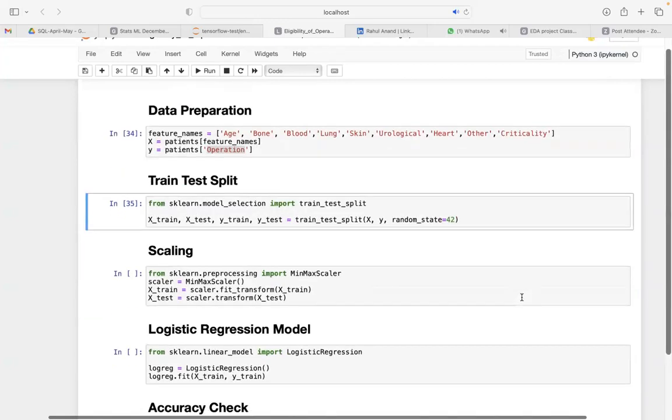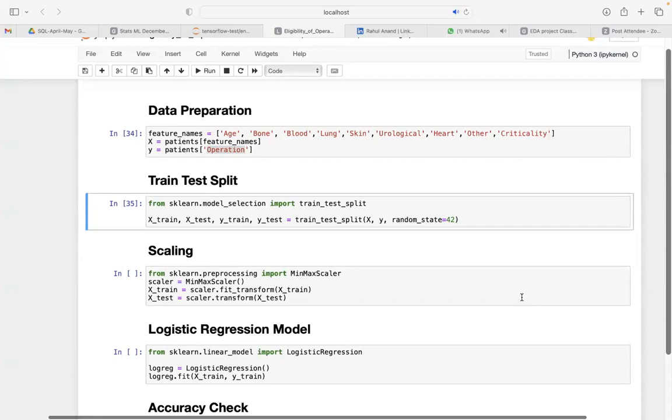I'm not giving it a number, whatever train test split gives me. You might know whether it's 70-30, 75-25, 80-20. Can anyone tell me what the train test split gives? 70-30, or depending on the scenario, 60-40 is also used by some people.